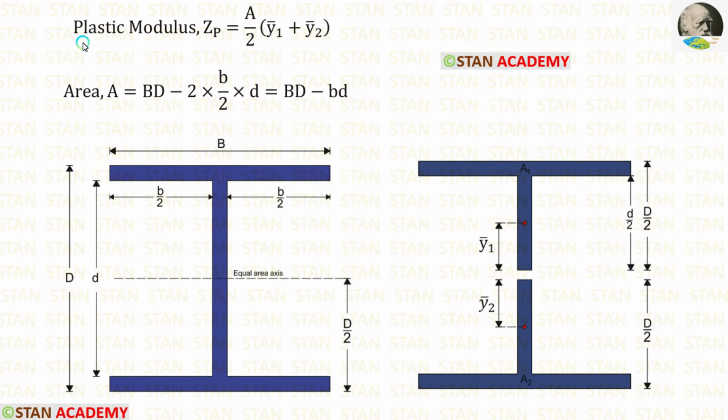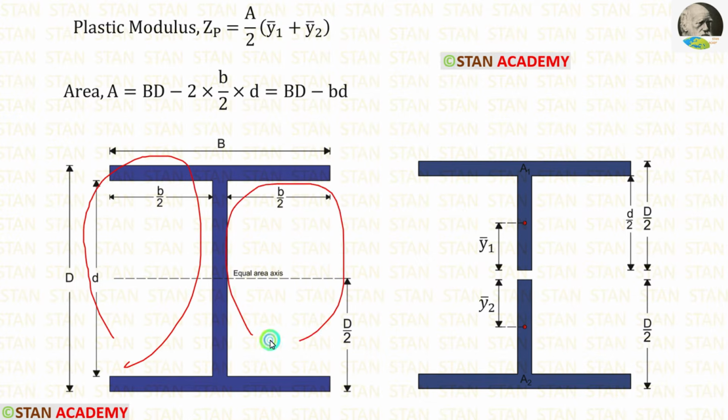Now let us find the plastic modulus Zp. The formula is A by 2 into y1 bar plus y2 bar. For calculating the area, let us assume that it is a rectangle. In the rectangle, area formula is B into D. Then we are having two empty rectangles.